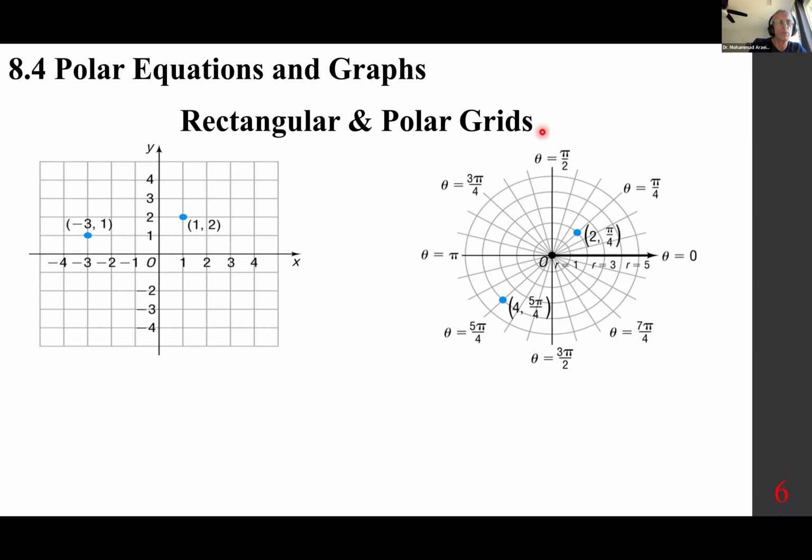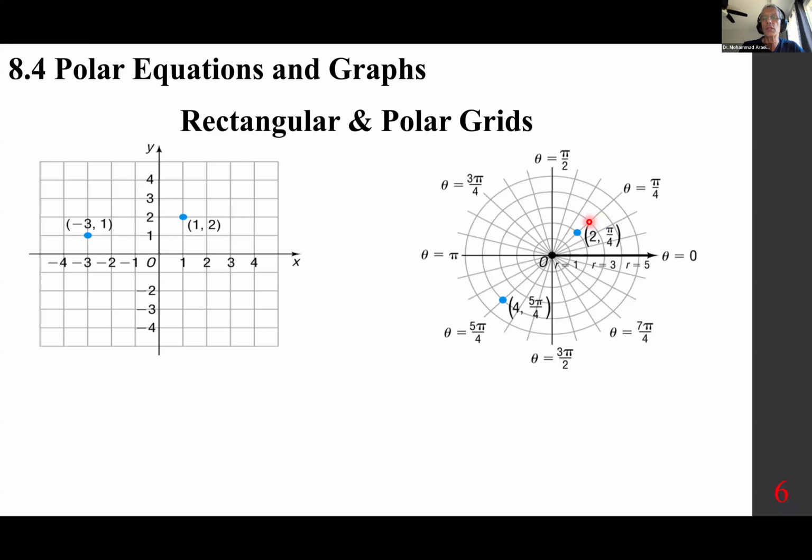Rectangular and polar grid. Remember, here's the rectangular coordinate system. The polar grid, the way it works, you have the pole, you have the polar axis, and you draw circles. When you have an angle of interest, for example pi over 4, then you go one tick mark: r is 1, theta is pi over 4. You go two tick marks, it becomes 2, pi over 4.